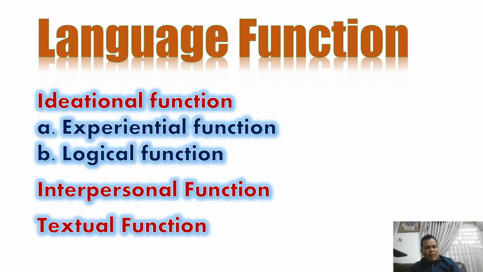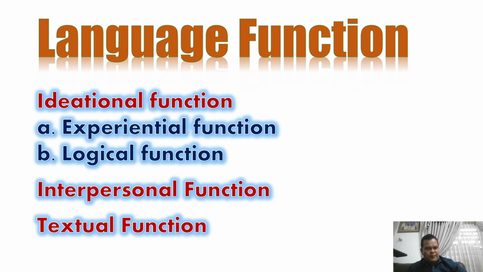In systemic functional grammar, and this is actually the core of functional grammar, that is language function. There are three language functions in functional grammar. In other words, we use language only for these three functions.